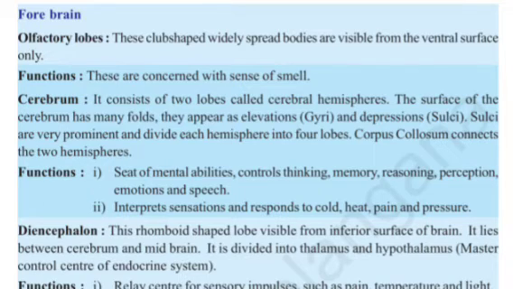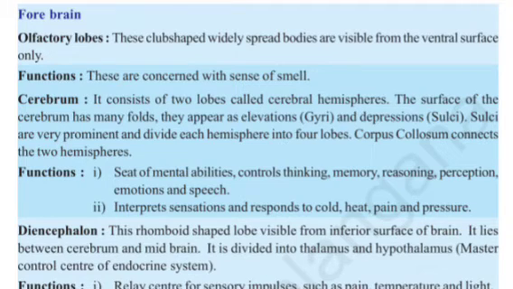Next, the diencephalon. It is rhomboidal in shape, and we can see it between the midbrain and forebrain. It is divided into the thalamus and hypothalamus. The hypothalamus acts as the master control center of the endocrine glands, so it secretes some hormones.